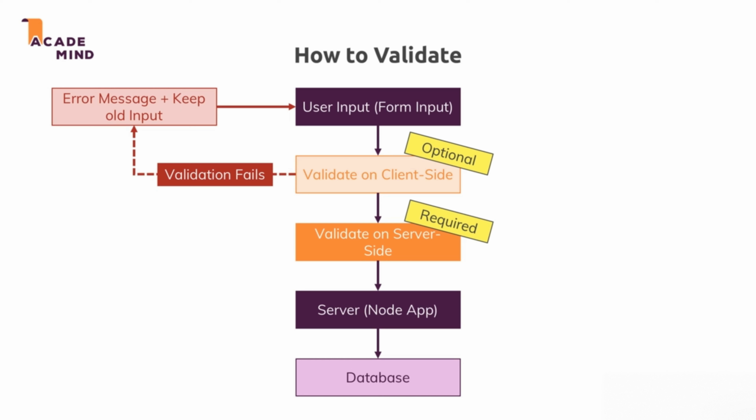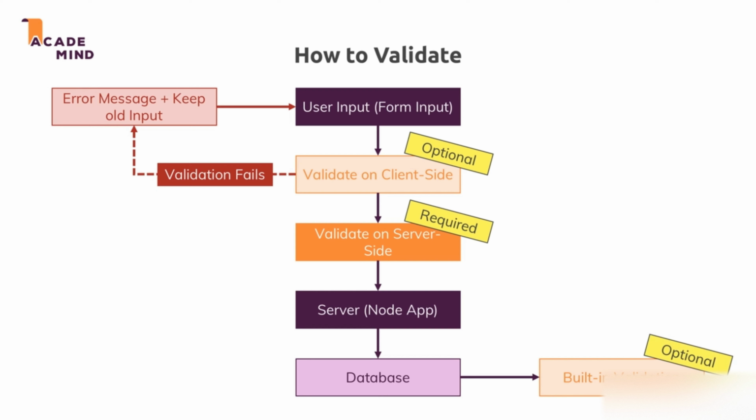Now, also important for some database engines, and for most database engines actually, like for example MongoDB, there is also built-in validation which you can turn on. I do cover that, for example, in my MongoDB course. If you want to learn more about that, it's also optional because this can be a last resort.